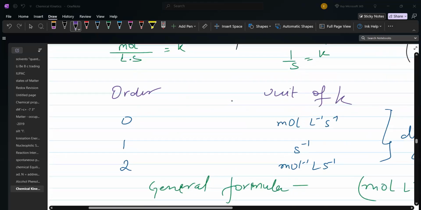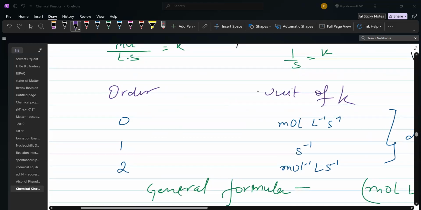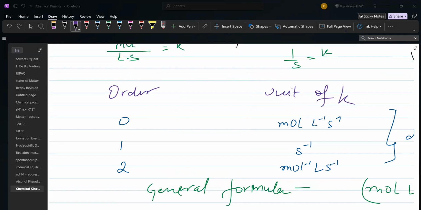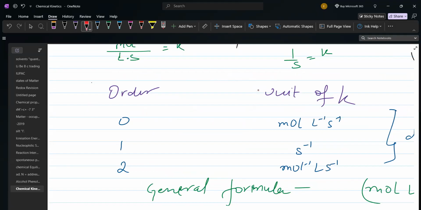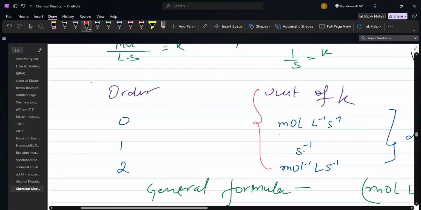Can you see my screen? What I have shown here, please see again and again. It says about the order of reaction. Just see the unit of K and you will get the answer.